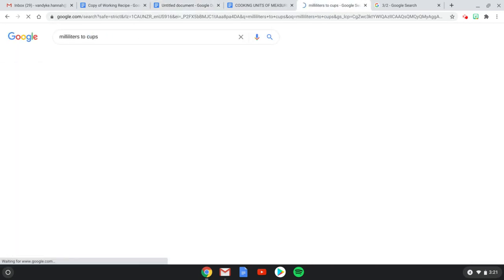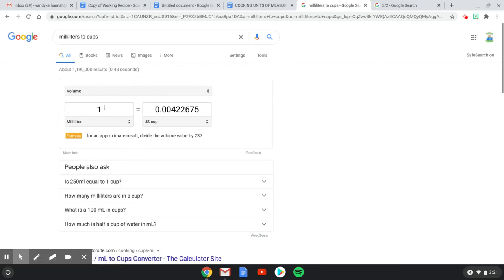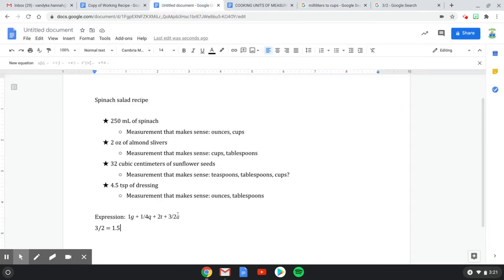Let's try doing cups now of spinach, milliliters to cups. There are 250 milliliters, and that gives me 1.05 cups. Again, going back to my recipe, looking at the expression, is there 1.05? There's 1, 1/4, 2, and 1.5 here. Even though there's not exactly 1.05, 1 is super, super close to 1.05.